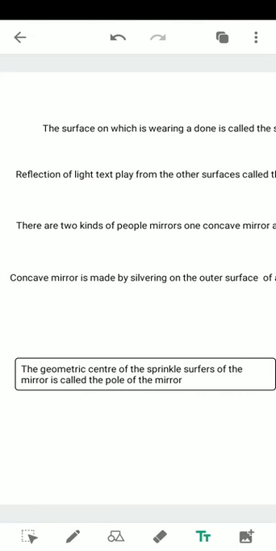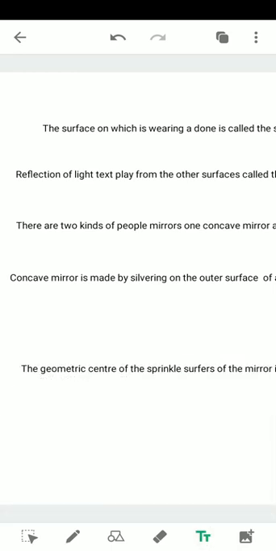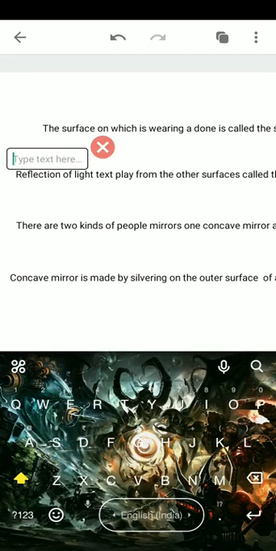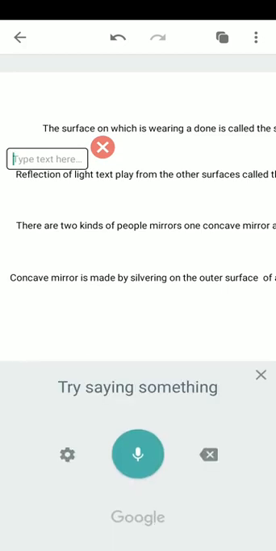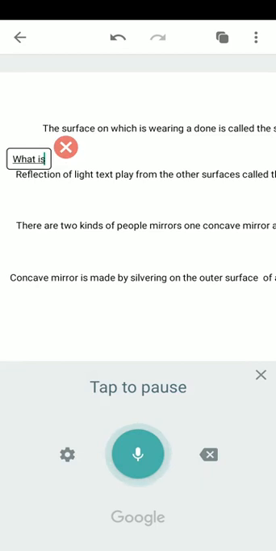So I'll just add one more text. What is center of curvature?